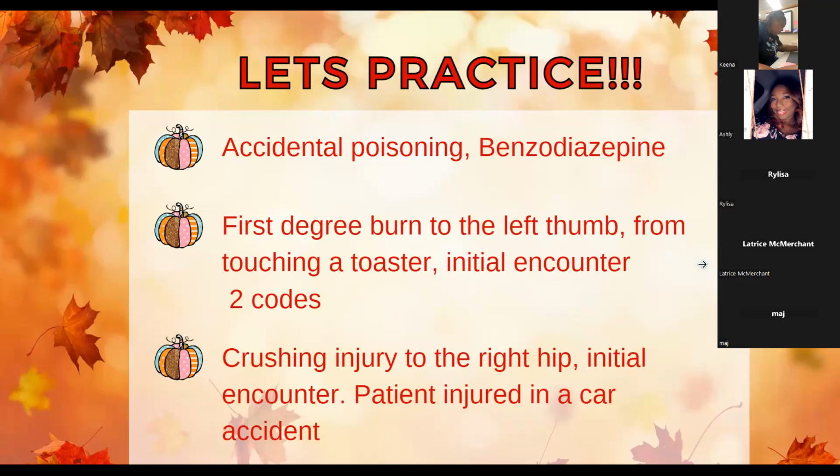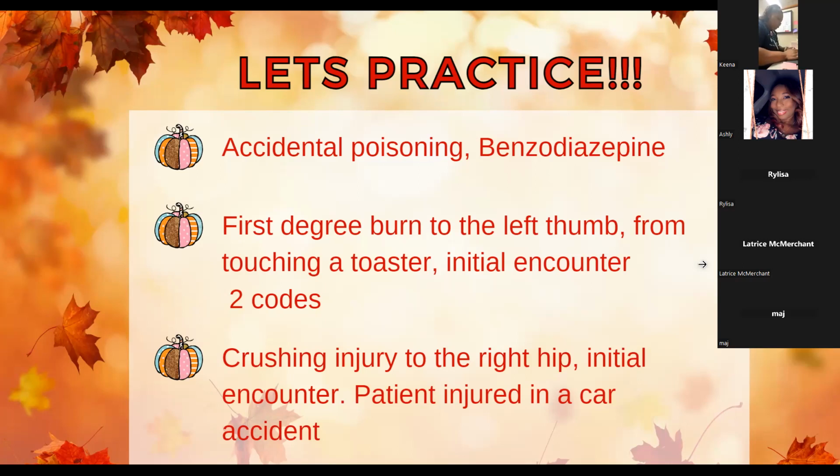All right, so let's start with the first-degree burn to the thumb. So I would start with burn and go from there in your alphabetic index. It says burn, burning, or burned, or something like that. But you follow it down by body part, face, head, leg, etc. And there's hand.